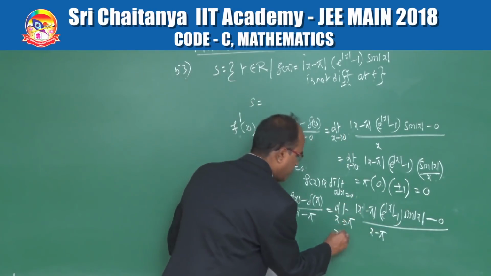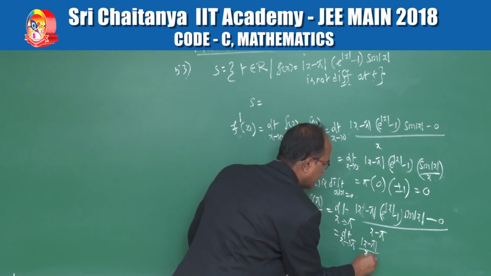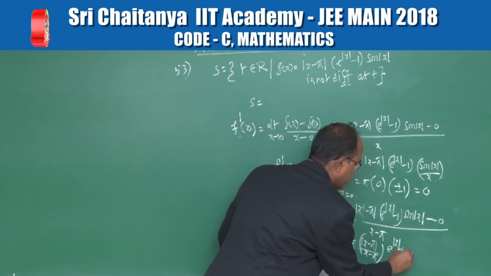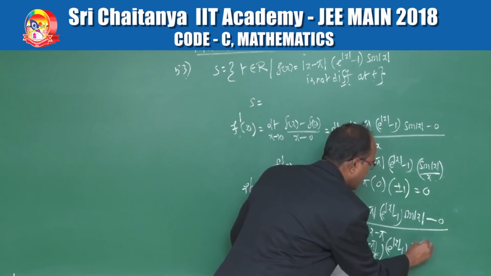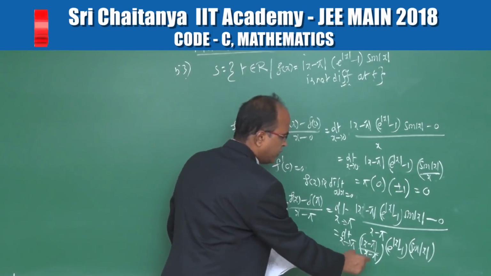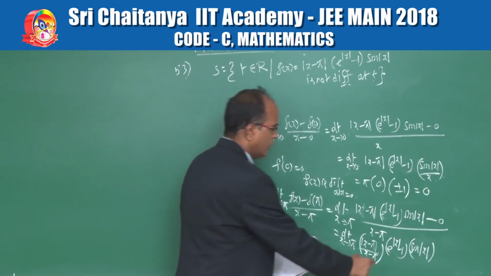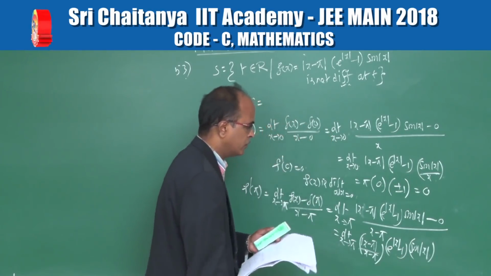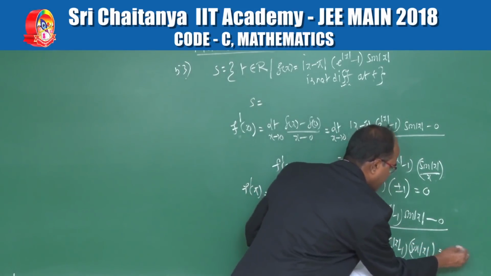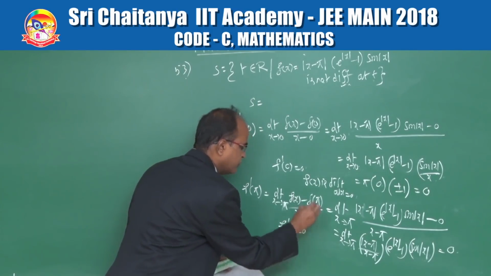This will be again limit x tending to pi of mod x minus pi by x minus pi into e power mod x minus 1 into sine of mod x. When x tends to pi, this value will be either plus or minus 1 depending on the right or left approach, and this will be e power pi minus 1, but this will be sine mod pi, which will be 0, and that is why this limit will be 0. Therefore f dash pi is also 0.